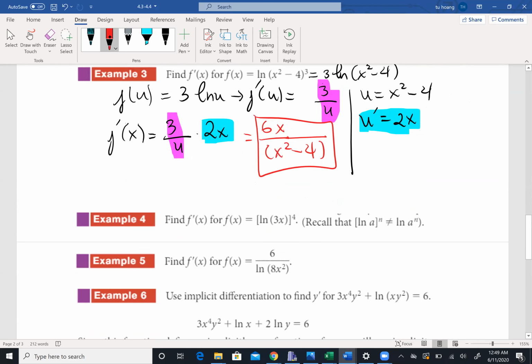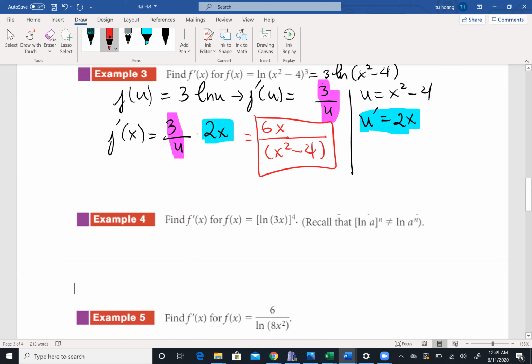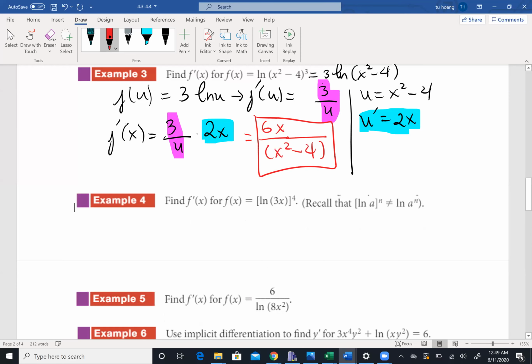So let's move down to see more examples. Let's look at example 4 to see what the idea is.